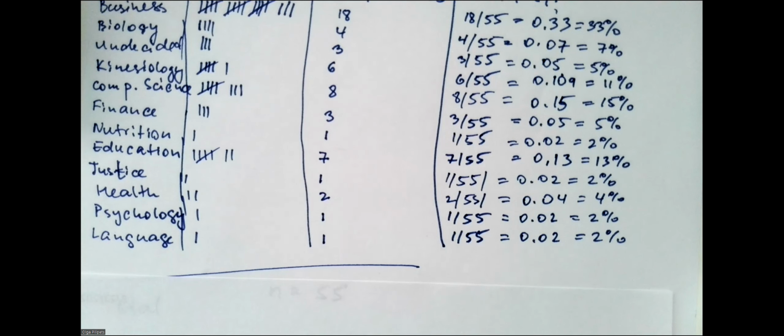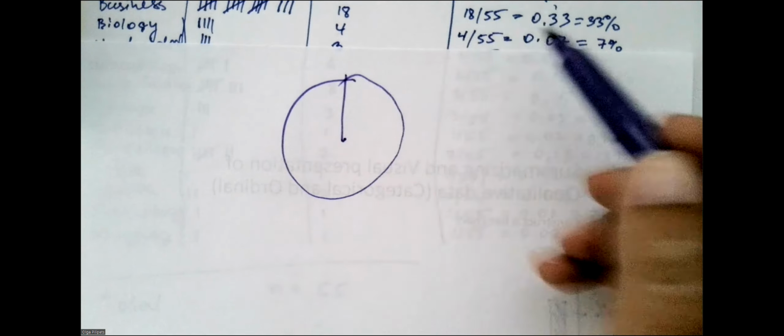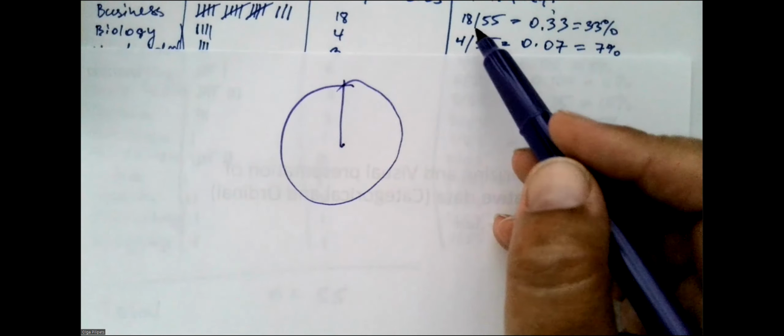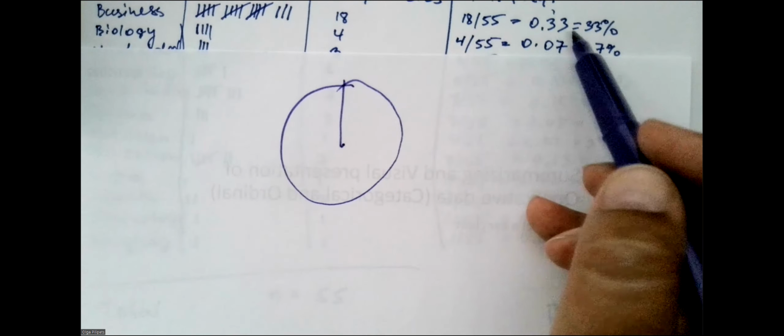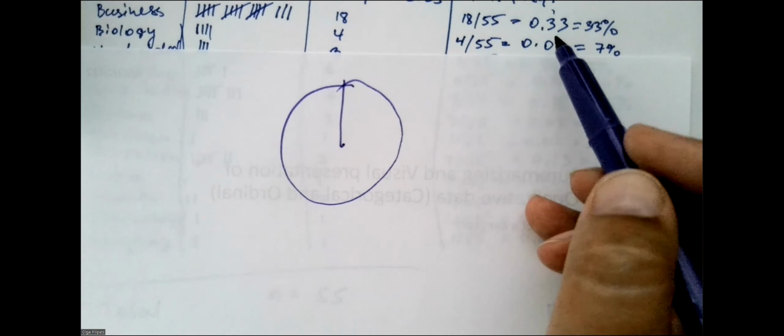So what else can we do with this data? How else can we represent it? Another common chart that you're going to see is called a pie chart. And so it's basically, as you guessed from the name, a circle. And each slice of the circle will cover the area that corresponds to the percentage of that major.